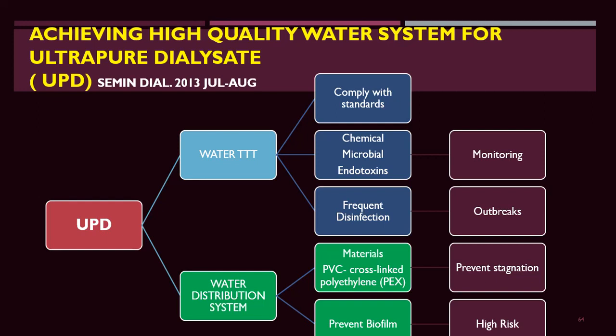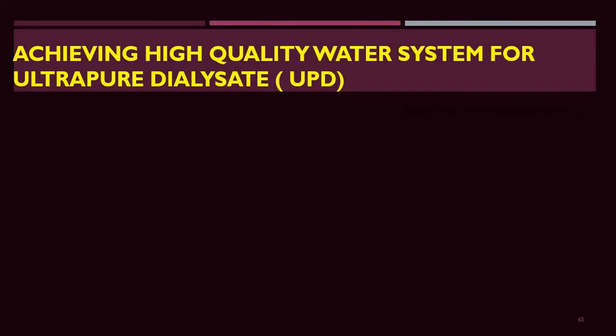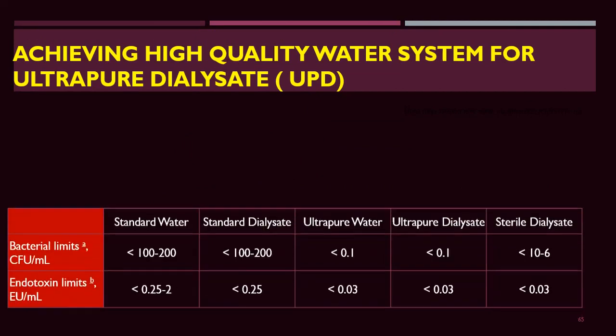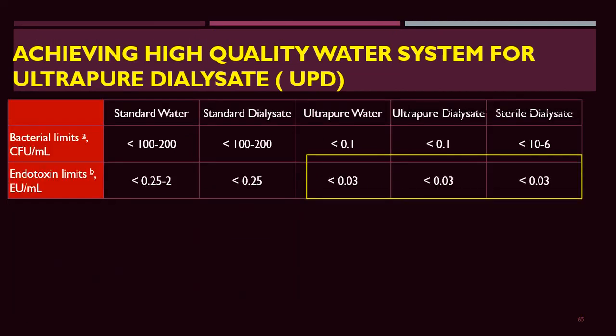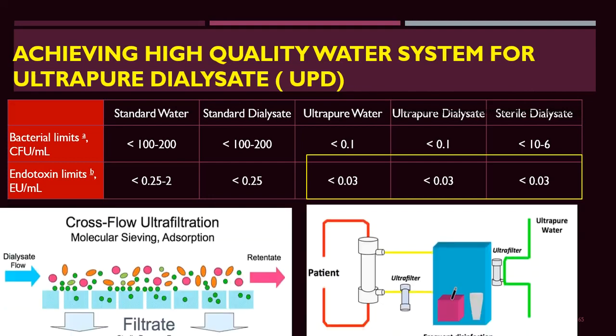All of them prevent the development of dialysis-related amyloidosis. Endotoxin level should be below 0.03 EU per mL. Use endotoxin filters, one or two, to remove endotoxin from the dialysate.